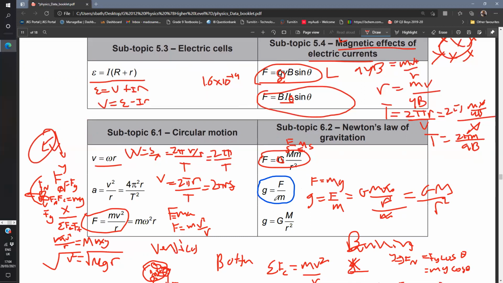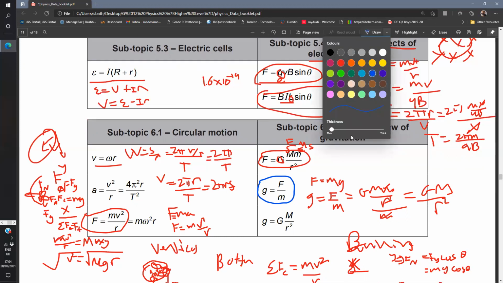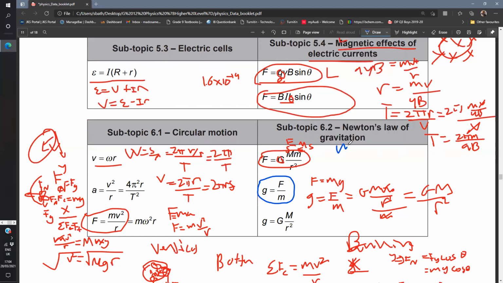Okay, now we also have the orbital motion, so we have orbital velocity. The orbital velocity we can find. I'm going to change this color back to blue. So the orbital motion, mv squared over r equals GMm over r squared, cancel, cancel.